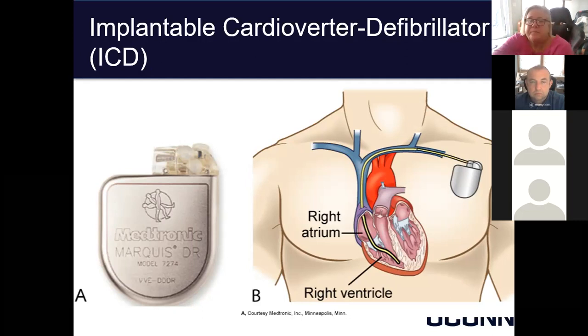And it's a very low amount of electricity that's given in that shock. It's adjusted for each patient to see how much will actually turn the rhythm around or refix the rhythm.